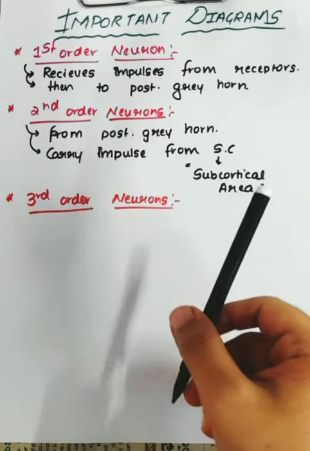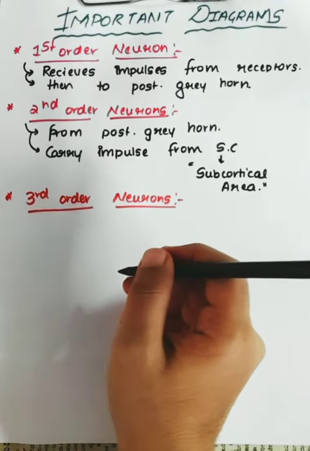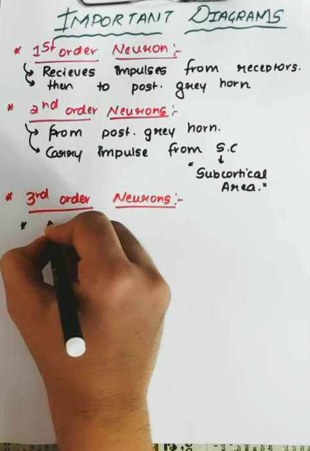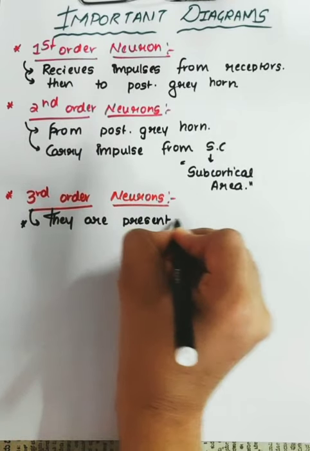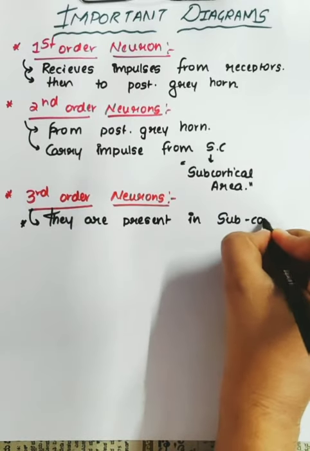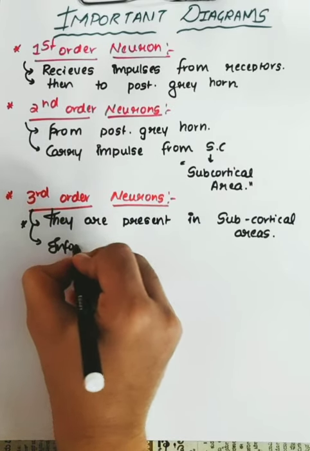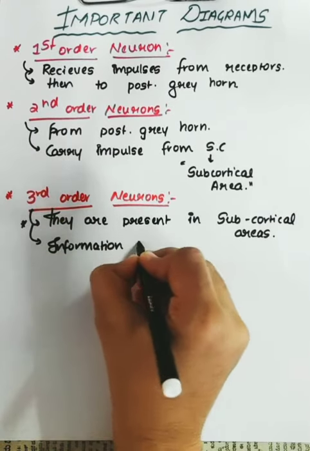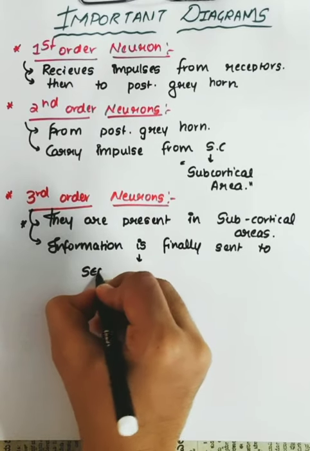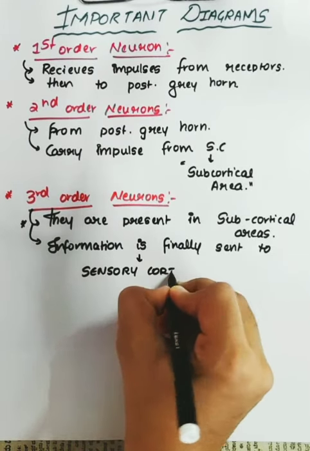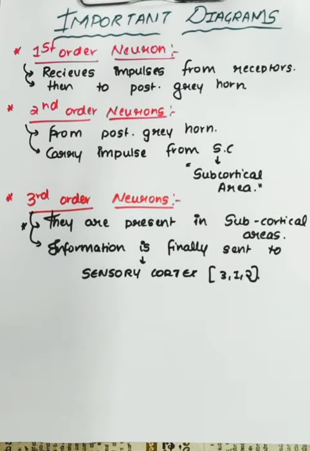Since the second order neurons end in the subcortical area, the third order neurons begin from the subcortical area and finally send the information to the sensory cortex area, mainly areas 3, 1, 2.